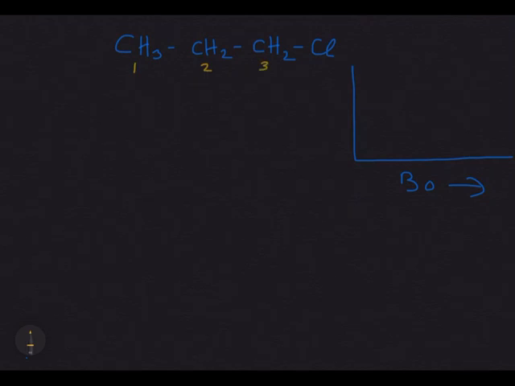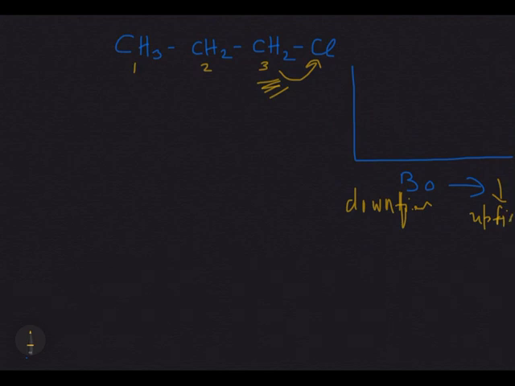Because the two CH2 groups are not equivalent, because this CH2 is attached to an electronegative atom, and this is having the maximum deshielded proton. Therefore, this gives a signal at a lower magnetic field, or we can say this gives a signal downfield. This side peak is called the downfield peak. Here the peak is called upfield, because that gives a peak at a maximum magnetic field.